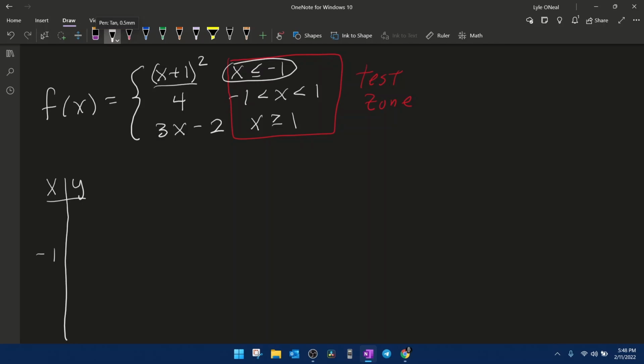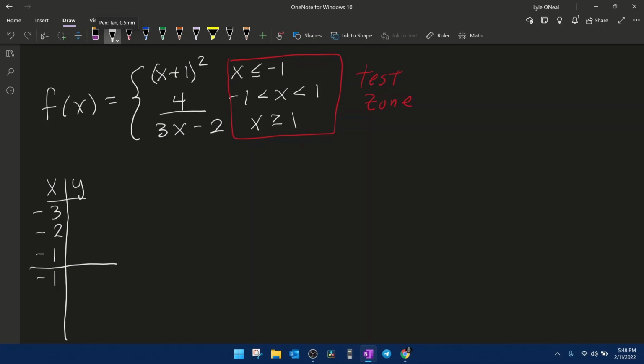So I need 2 more x's less than or equal to -1. Let's stay close to home, -2 and -3. Then we need to use -1 again. Remember the transition points have to be used twice.